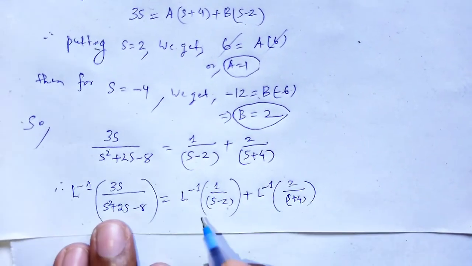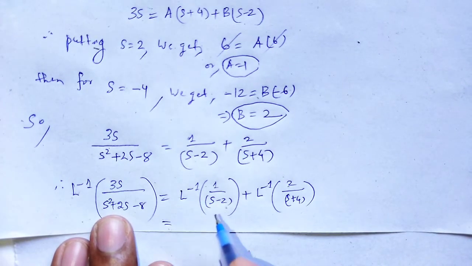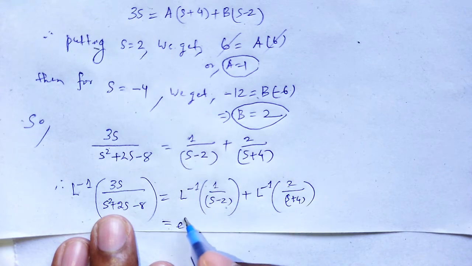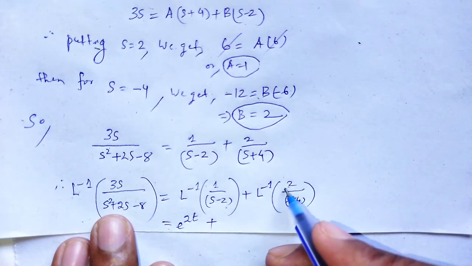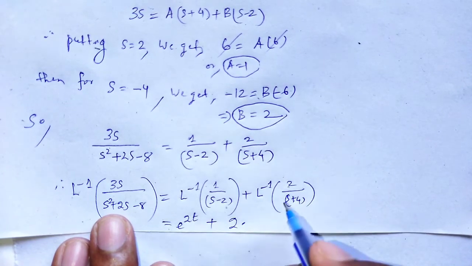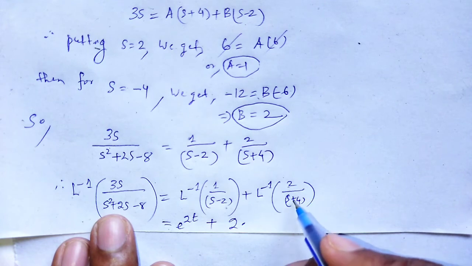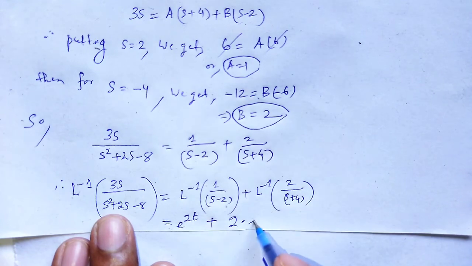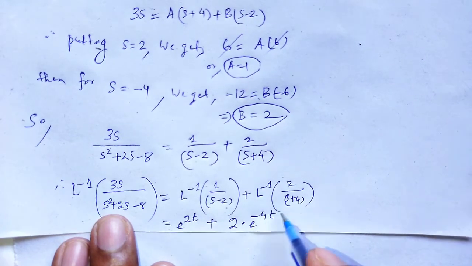So its inverse Laplace transform result is e to the power 2t plus 2 as constant, 2 outside, so 2 into inverse Laplace transform of 1 divided by s plus 4 as e to the power minus 4t.